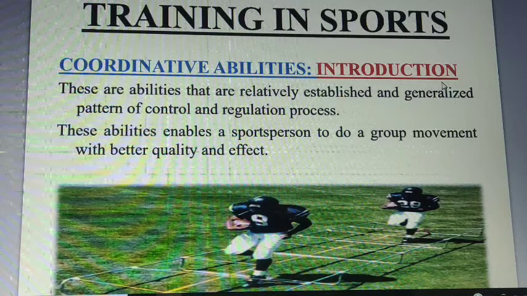So what is coordinative ability exactly? It is that ability which is a relatively established or generalized pattern to control and regulate the process. This ability enables a sportsperson to do a group of movements with better quality and effect.